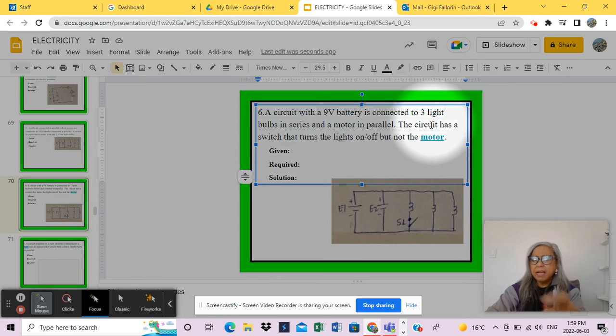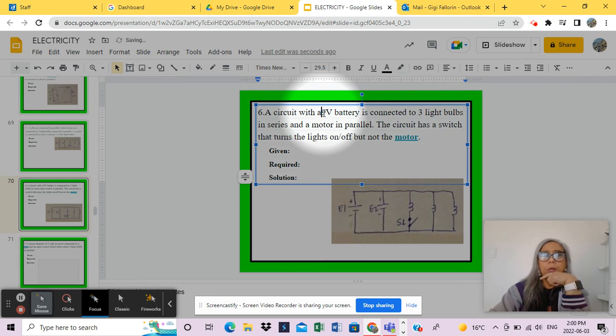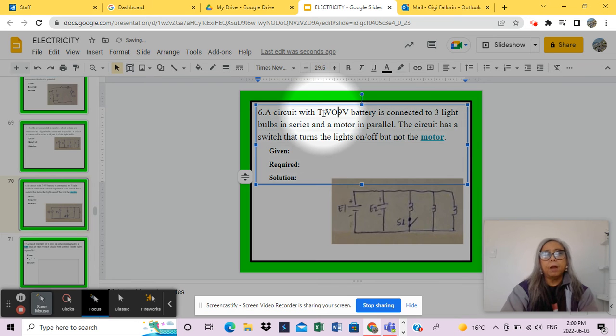Even on my end, maybe that was a misprint. I have here the bulb, is it in series? And a motor in parallel. The 9-volt battery, maybe I'd better have this like two. So I'm not correcting this diagram to match the problem, so let me just rewrite this.